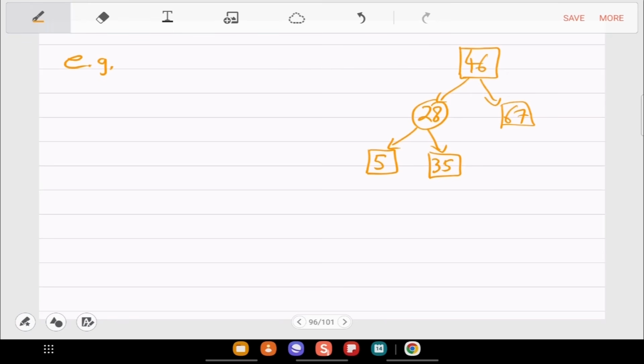And 67 is black, it can have any kind of children, so 49. And then 49 ends with leaves. So there should be a leaf here also.